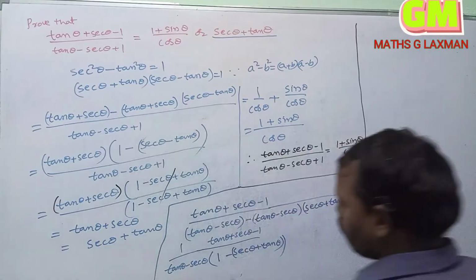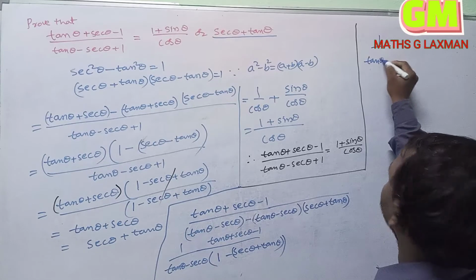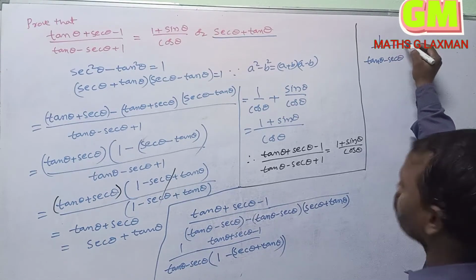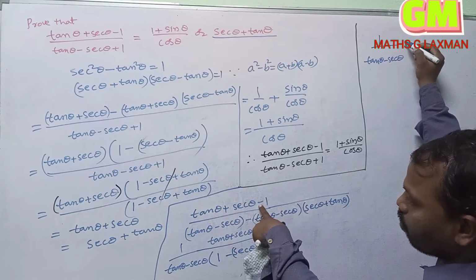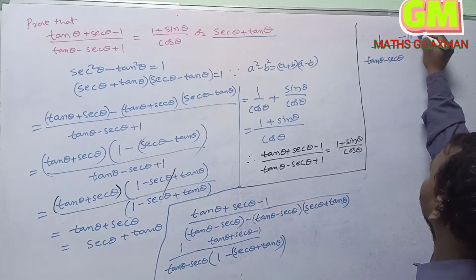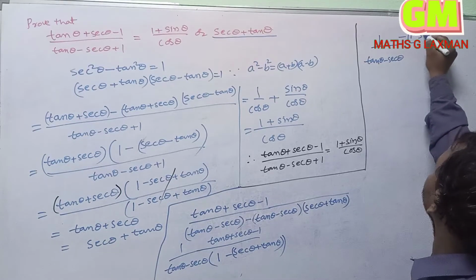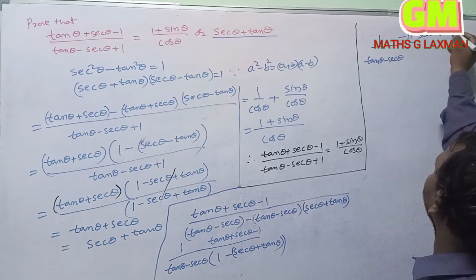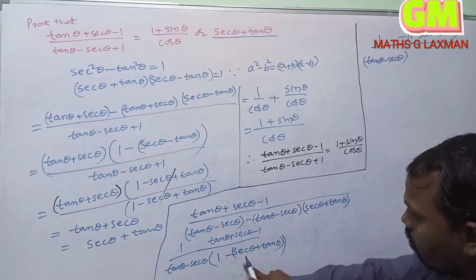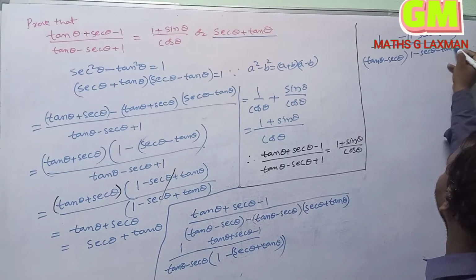So now here just you see that 1 by tan theta minus secant theta. So in the numerator what we have, take minus as a common, so 1 minus secant theta minus tan theta, divided by here 1 minus secant theta minus tan theta.